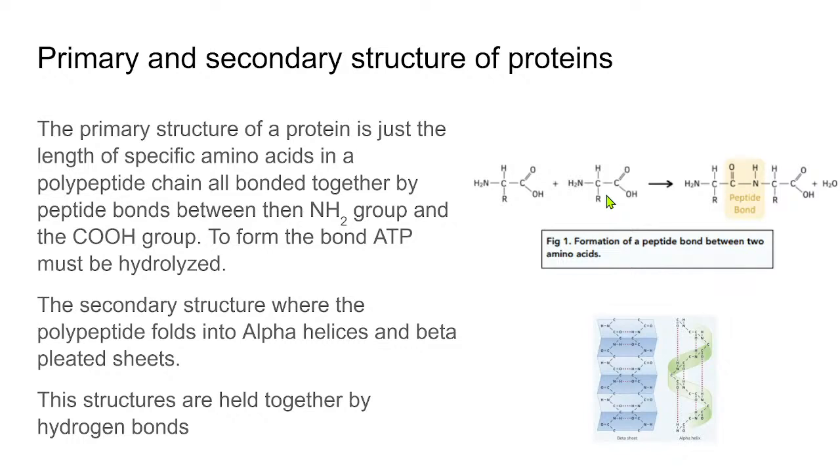Primary structure of protein is your chain of amino acids. These amino acids are bonded together by peptide bonds. That is between your amino group, your NH2, and your acidic group, your COOH. This is again a condensation reaction. So water is removed and you form your peptide bond shown here.